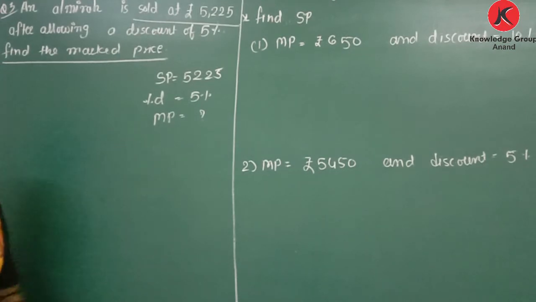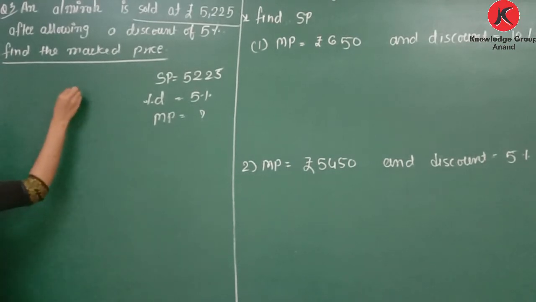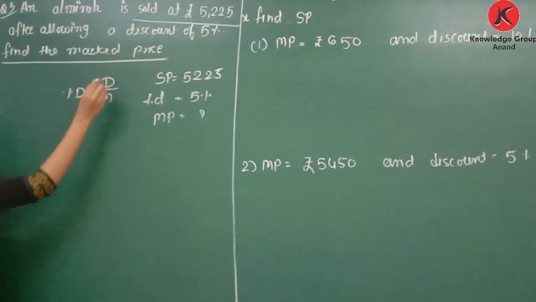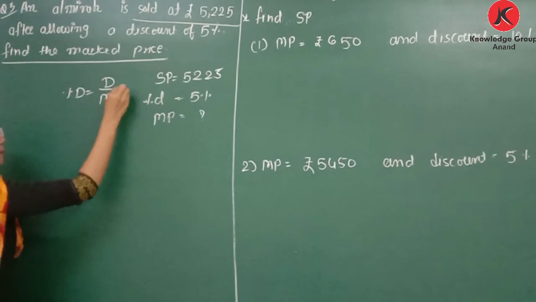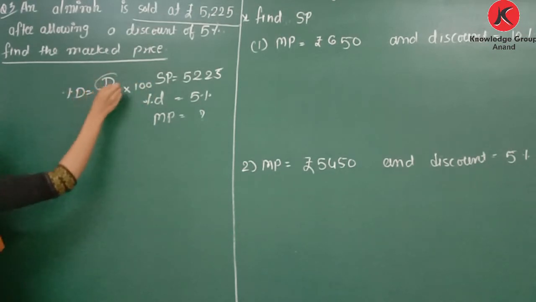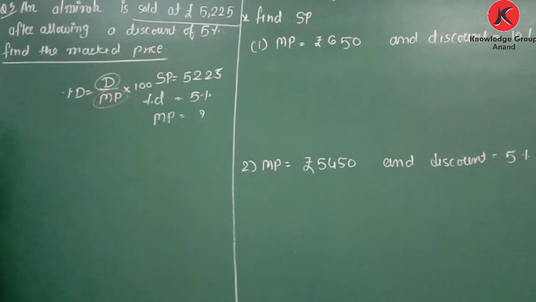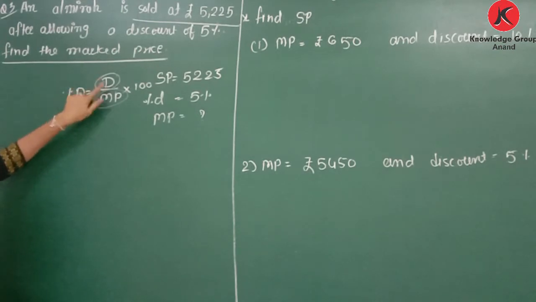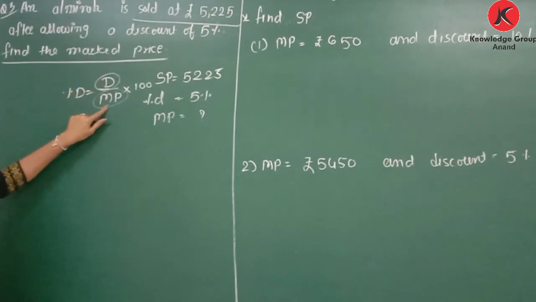So we cannot directly use the equation, because what is the equation? Percentage discount is equal to discount divided by mark price multiply 100. But in this equation we do not have two values. In one equation we can find only one value. So here D, that is rupees discount, and mark price are not given.